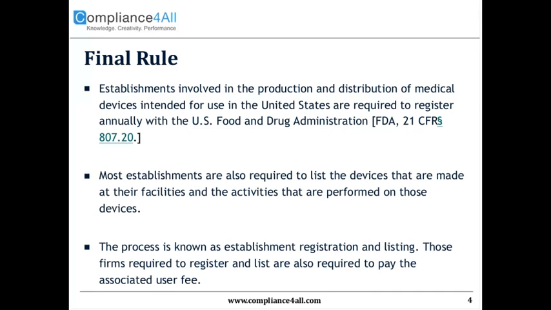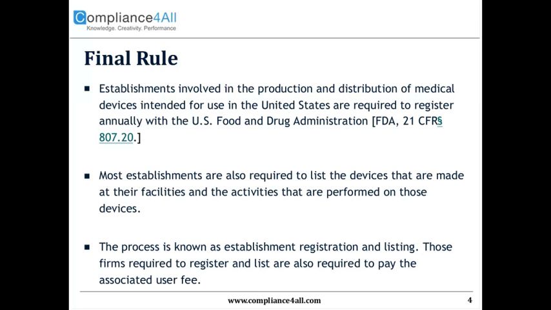From a historical perspective, on March 26, 2010, FDA did issue the 28-page proposed rule that would amend its regulations regarding device establishment registration and listing. This is all public domain information. This was docket number FDA-2009-N-0014.